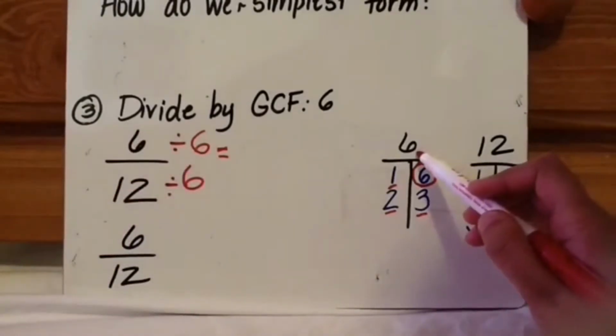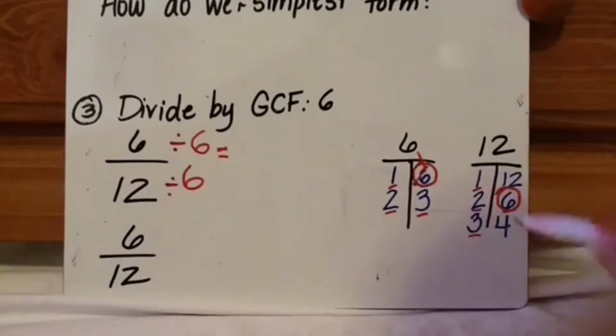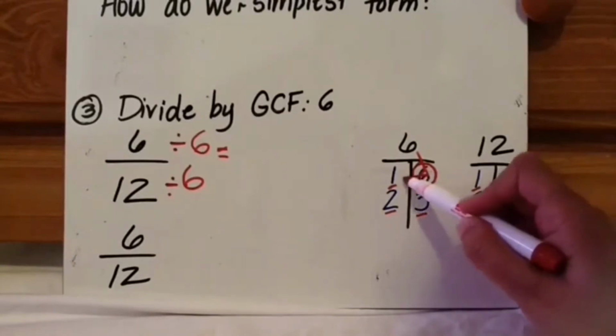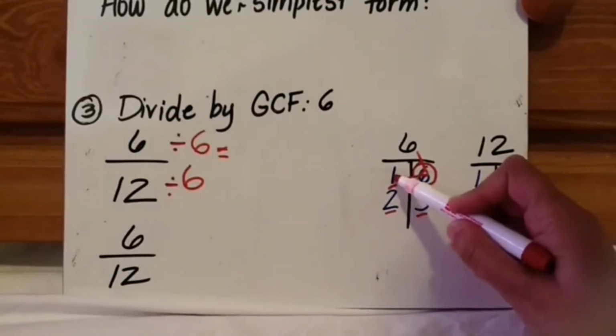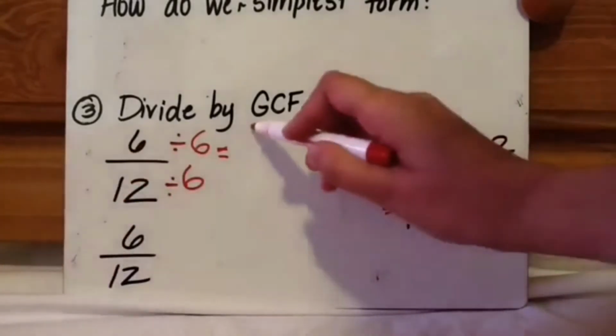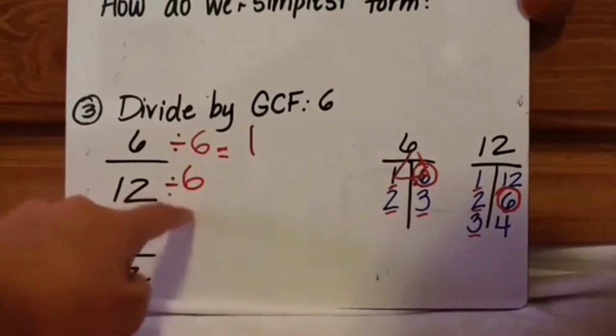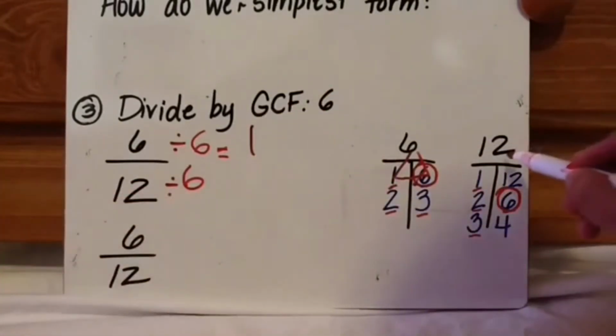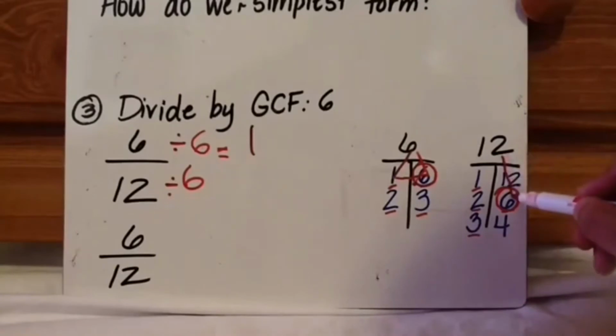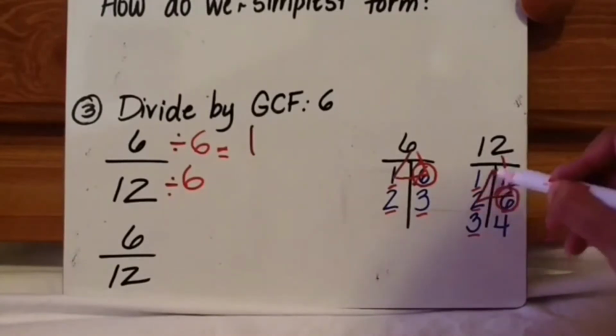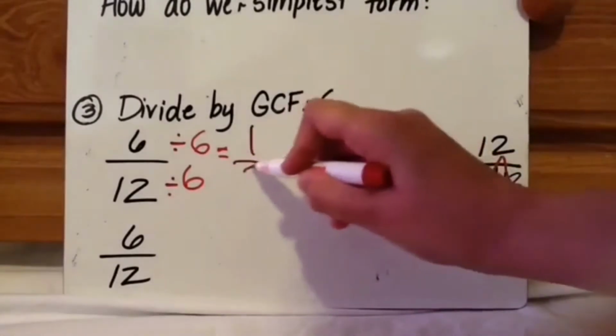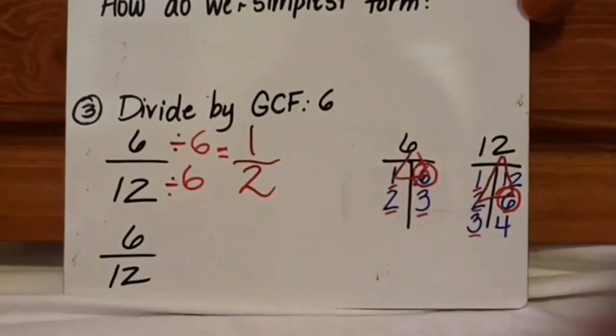So you take this and you say 6 divided by 6 is, and you create a triangle, which is a 1. So 6 divided by 6 is 1. 12 divided by 6. So you look over here, you create the triangle. 12 divided by 6 is 2. Then you complete your triangle. So there's your answer, 1/2.